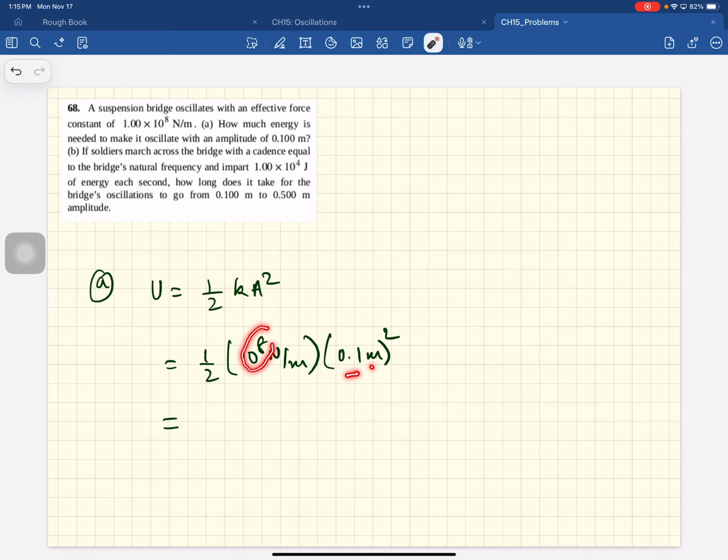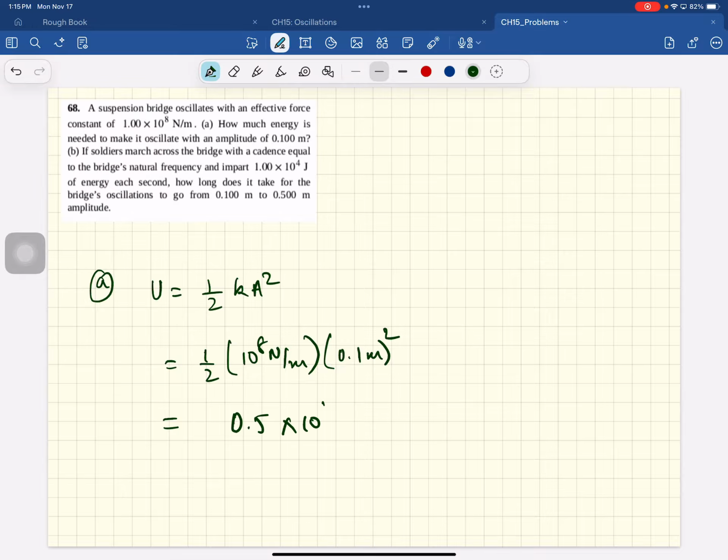That'll make that 10 to the 6. So 500,000 joules. So when the bridge oscillates with an amplitude of 10 centimeters, about 4 inches, it has 500,000 joules.